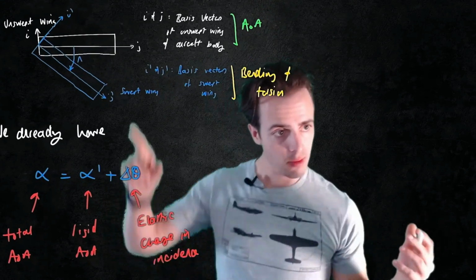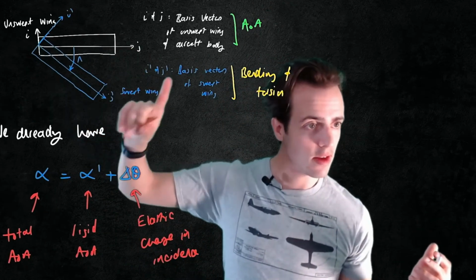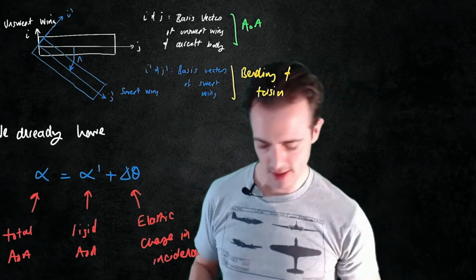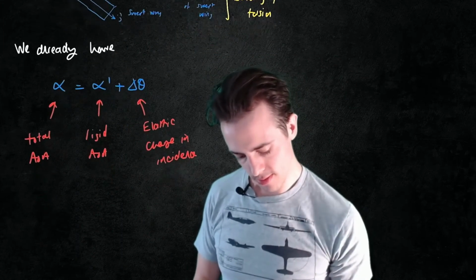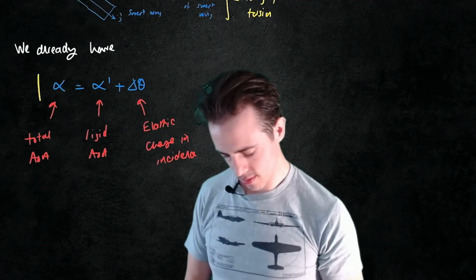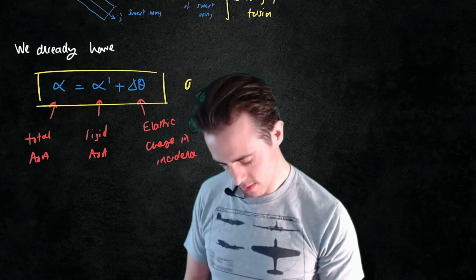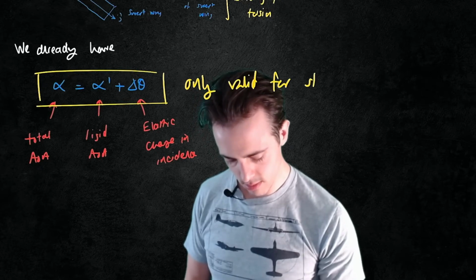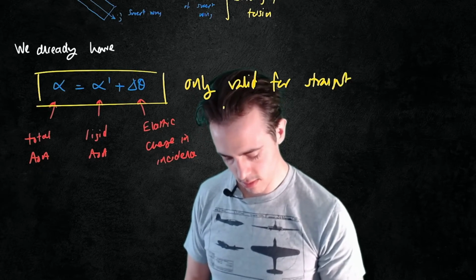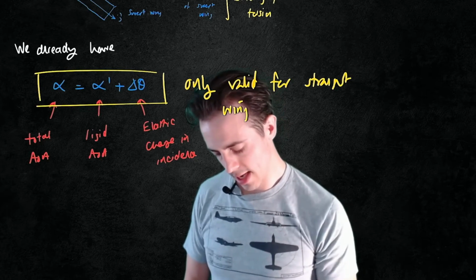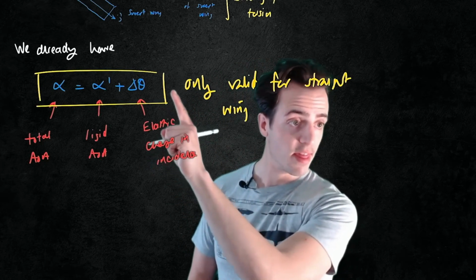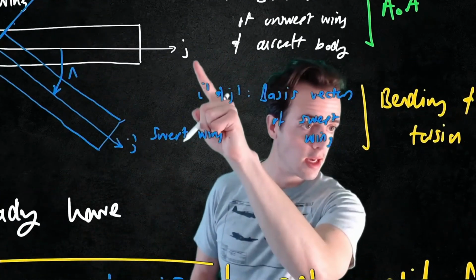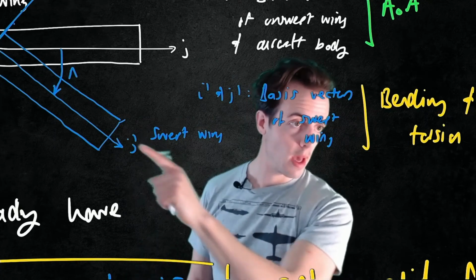Because if we have a straight wing, bending doesn't do anything to the change of angle of attack. But when we've got a swept wing, bending changes the angle of attack, and we're going to look at how we can relate those. And so we then need to look at a term that we can replace delta theta with that defines the total rotation around J because of change to bending and change to twist.